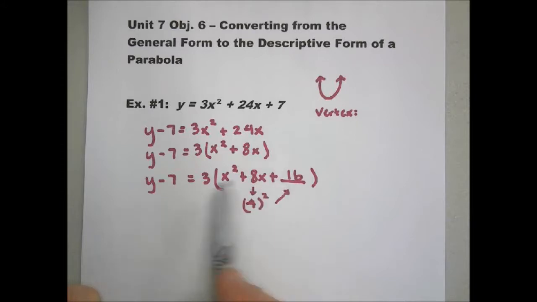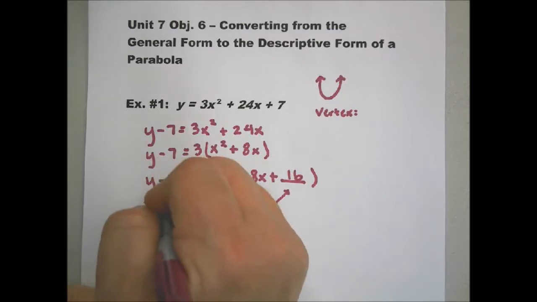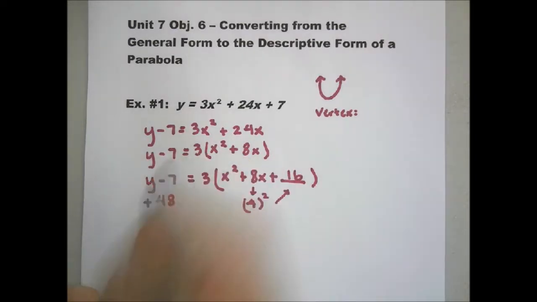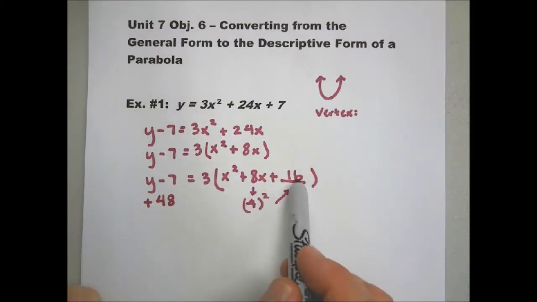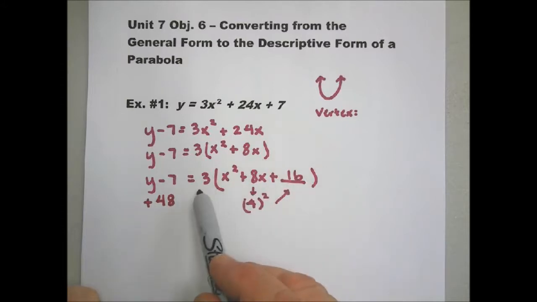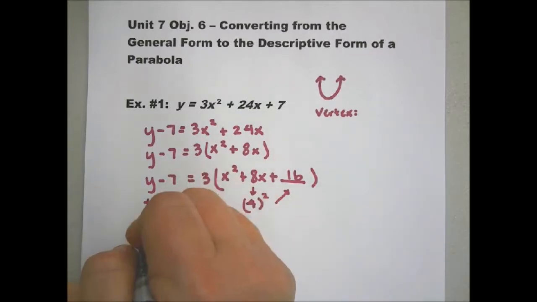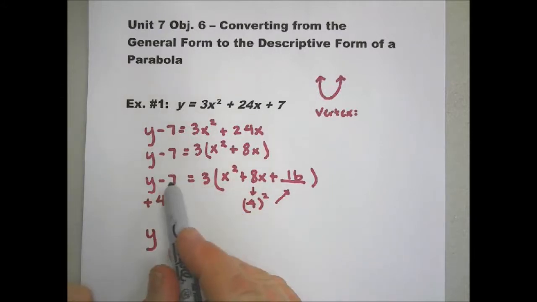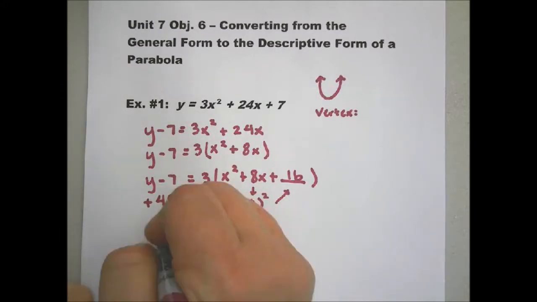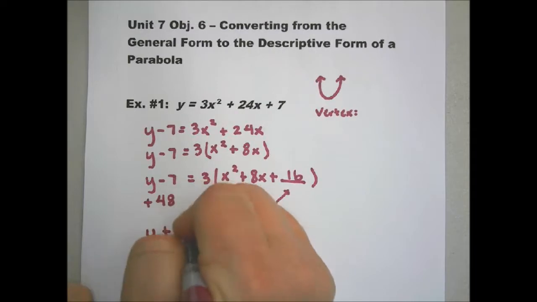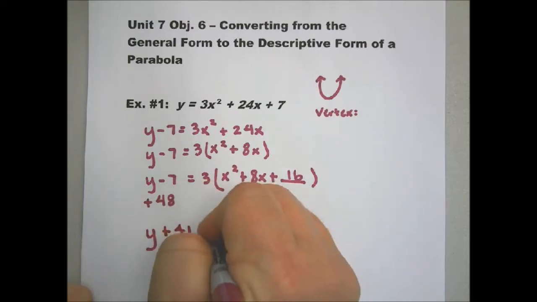I'm not going to, but if I did, that 16 on this side would be the equivalent of 48 on this side. And the way I got that 48 was this 16 multiplied by that 3. So now my equation is y, if I take a negative 7 and add a 48, I get 41. y plus 41 equals 3.